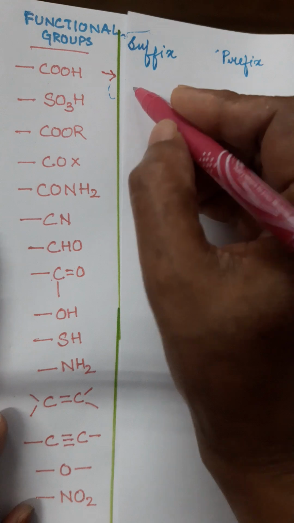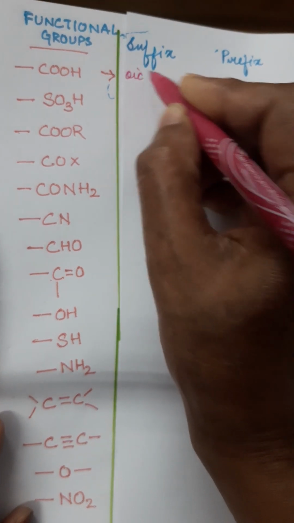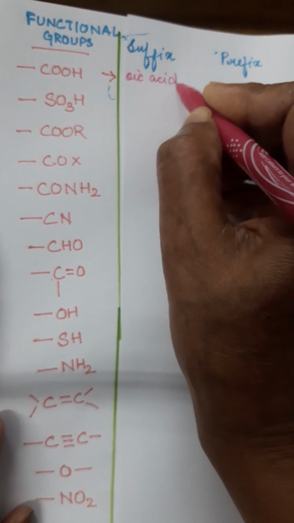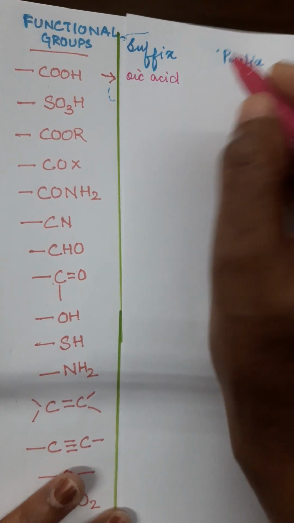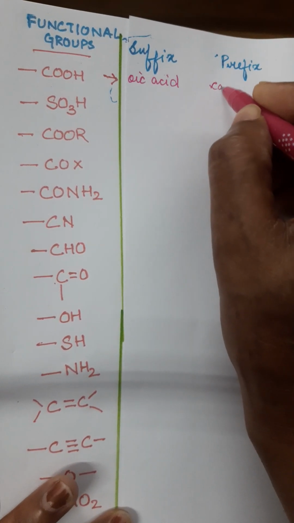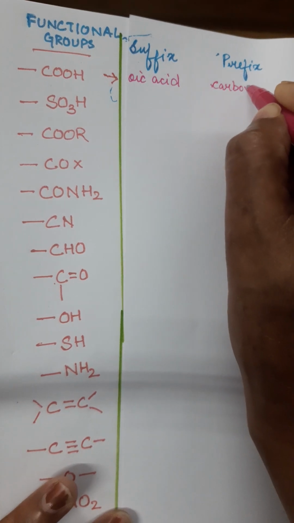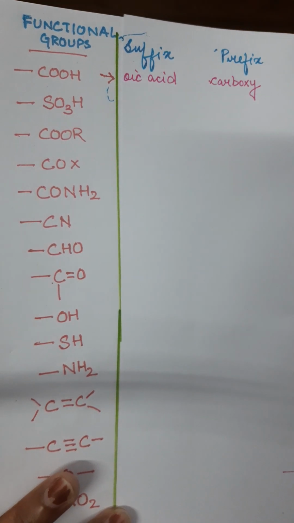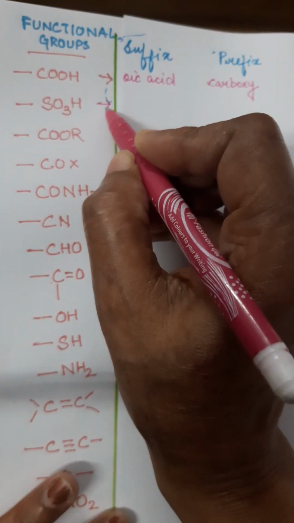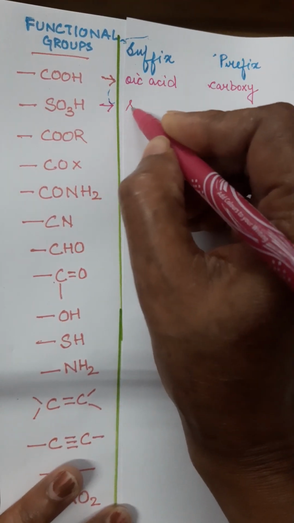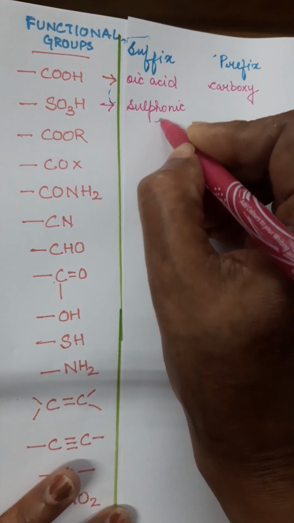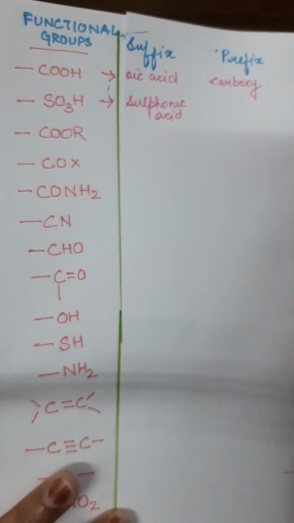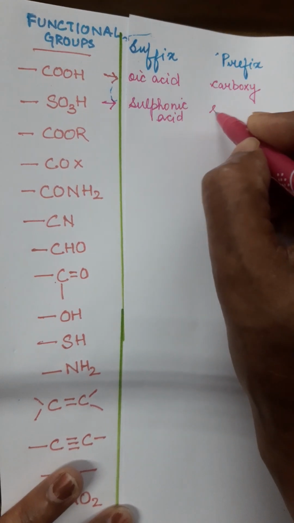COOH is named as oic acid as a suffix, and as a prefix, it is named as carboxy. Then coming to SO3H, it is named as sulfonic acid as a suffix, and as sulfo as a prefix.